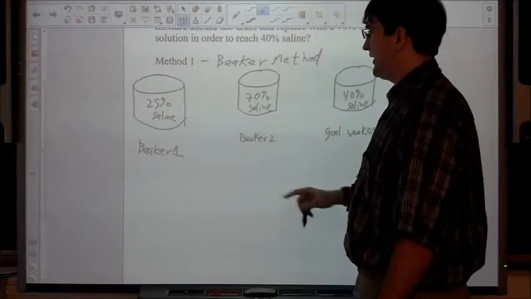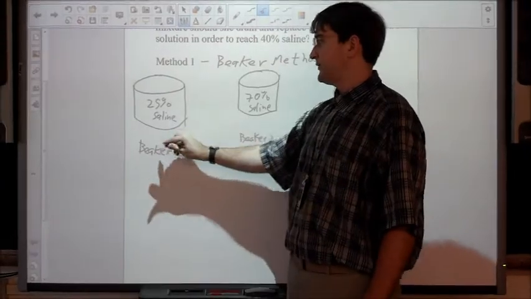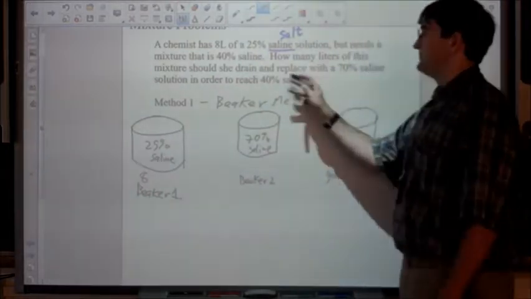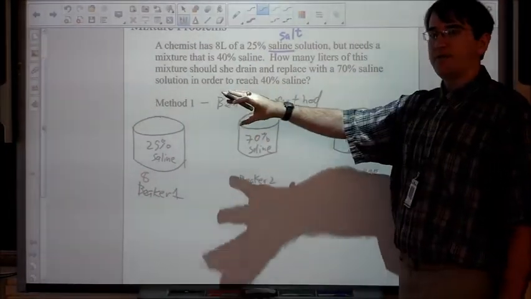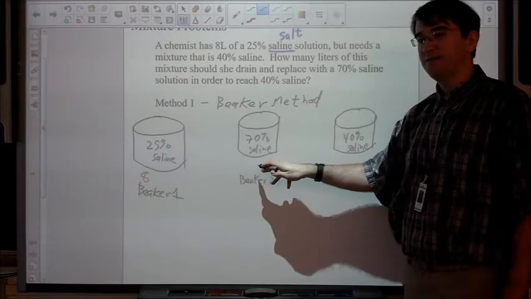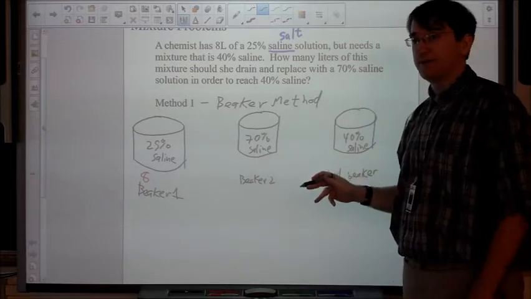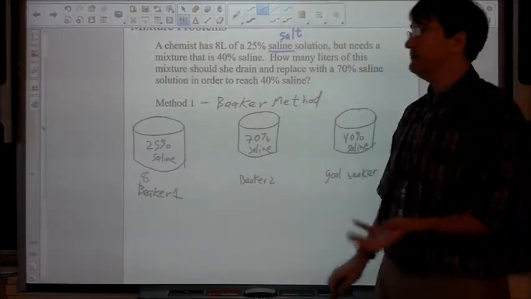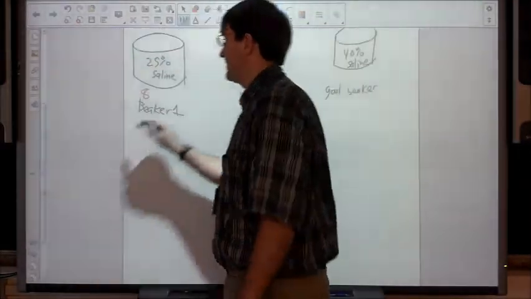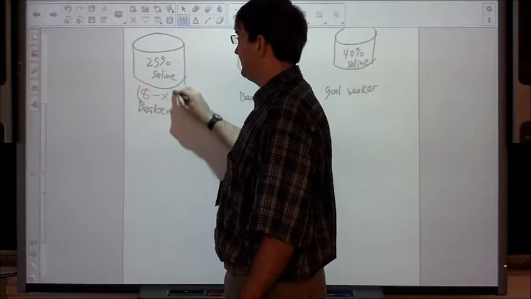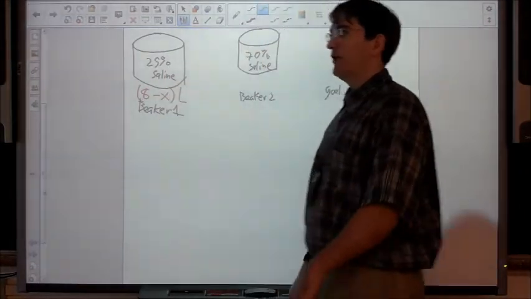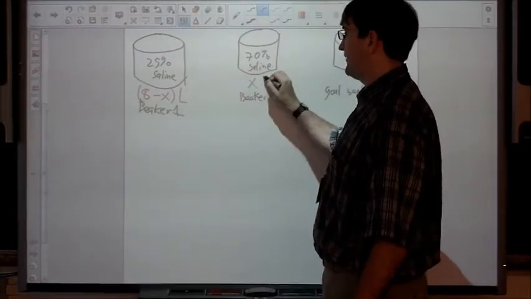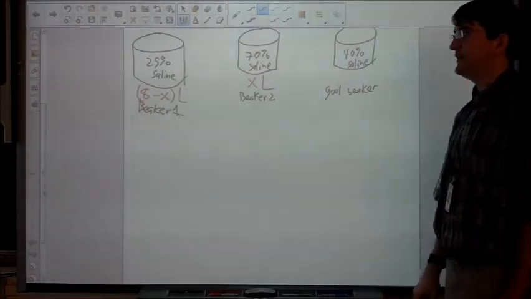Now, I know that I'm starting with 8 liters of the 25%. But it also says that I'm draining some of that. I'm going to dump some of that out and replace it with the exact same amount of 70% saline. The question is, how much do I drain? That's going to be my variable, X. I'm going to call X the amount that I pour out, and I'm replacing that exactly with 70% saline.